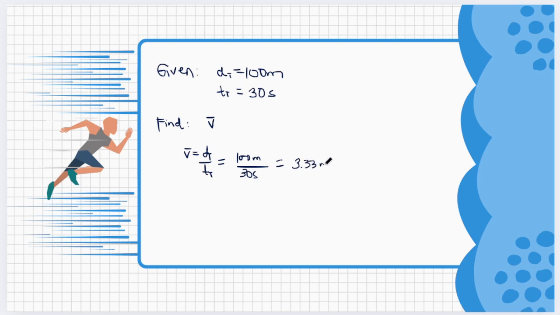Don't forget the unit, meters per second. Okay po, since we are only looking for the average speed, there's no need for us to indicate the direction because average speed is a scalar. Next question.